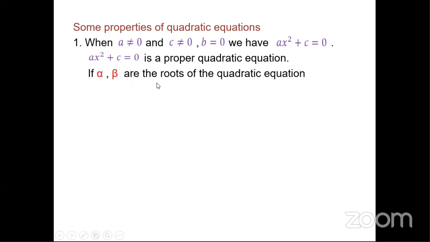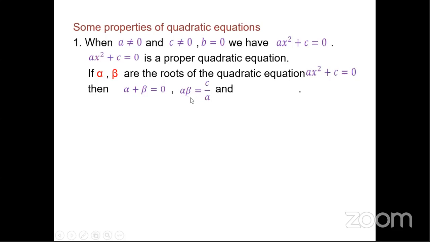Now for this proper quadratic equation, when we take alpha and beta as the roots, let us see how the sum of the roots will be. What is the formula for the sum of the roots? It is minus b by a. When b is 0, b itself is not there. It has disappeared from this equation, isn't it? Why? Because b is 0. When b is 0, automatically the sum of the roots will be 0.